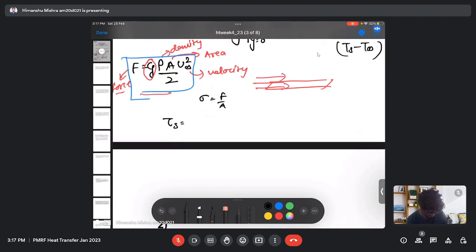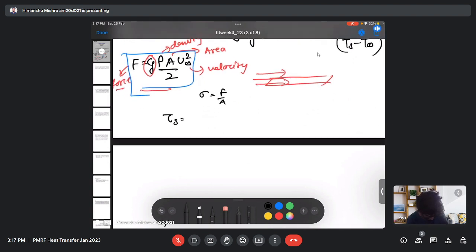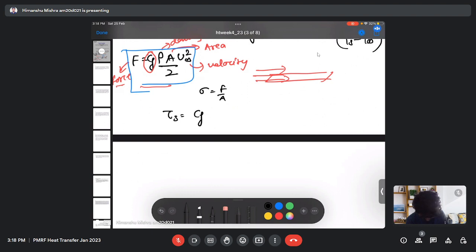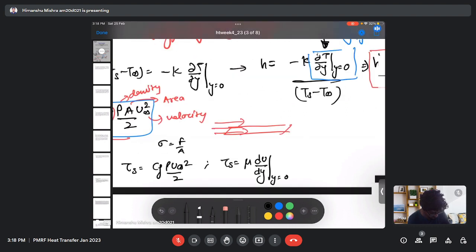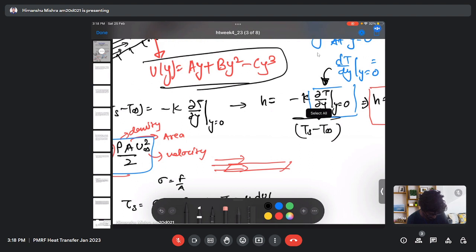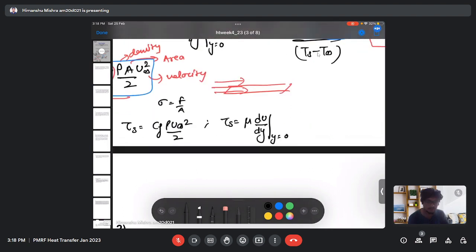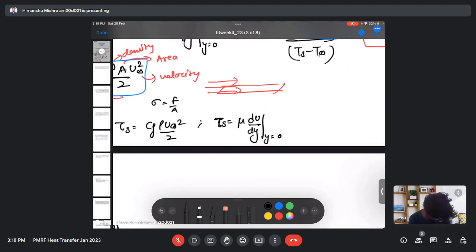So here, we can write the expression of a shear stress as Cf rho u infinity by 2. And from Newton's law, we can write shear stress at the wall as mu du by dy at y equals 0. So we need to take the derivative of this velocity profile at y equals 0 to define the shear stress at the wall.